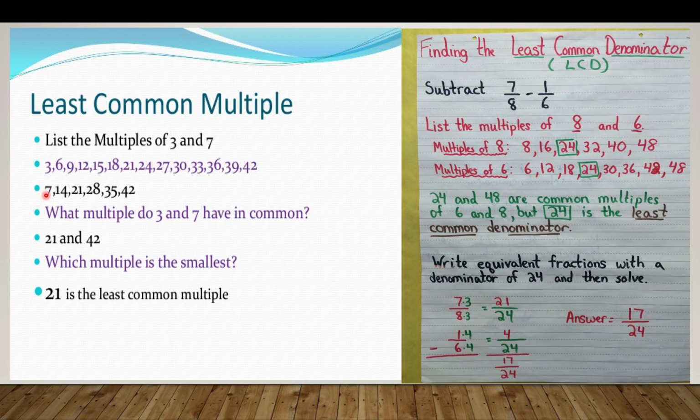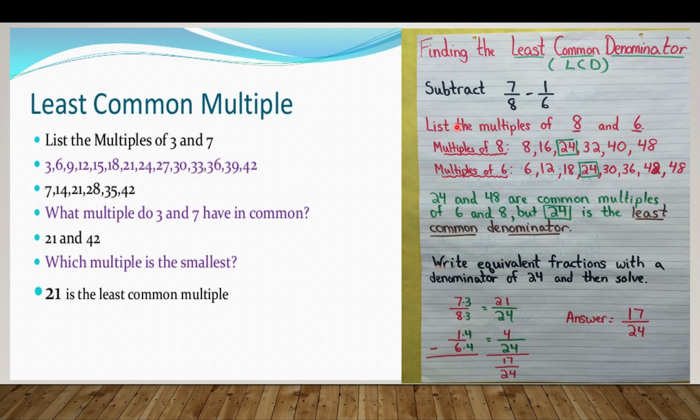We do the same thing with 7: 7, 14, 21, 28, 35, and 42. But if you look, the least value they share is 21. They don't have any other numbers in common until you get to 21. That's why we call it the least common multiple.